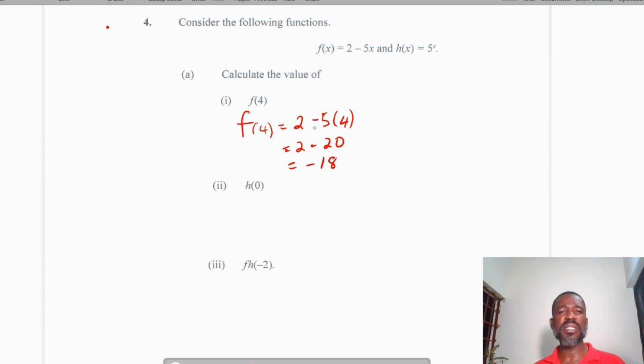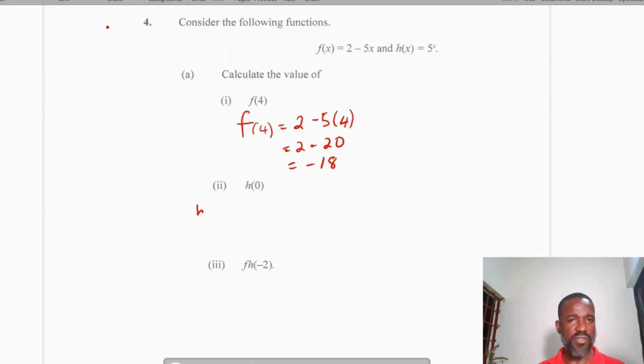Then the other question says that we are to find h of 0. And the same concept as the one before would obtain. So it only means now that wherever I see x in the function h, I'm going to substitute it with 0.